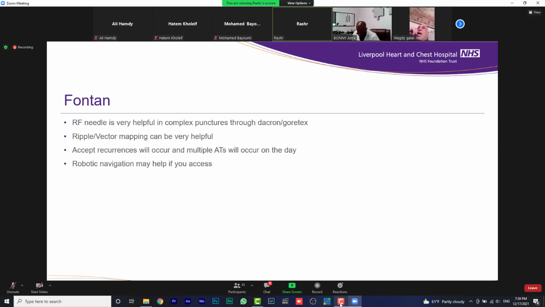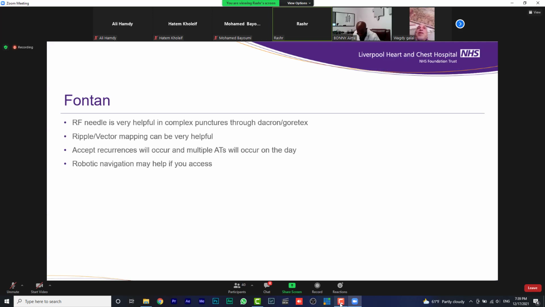Accepting recurrences and the fact that multiple atrial tachycardias will occur on the day is important. And so I think you just need to prepare yourself for that as the electrophysiologist and counsel the patient to that fact. I think what's, in very well-resourced healthcare settings, becoming more of a thing is robotic navigation, and robotic navigation with integrated MRI.